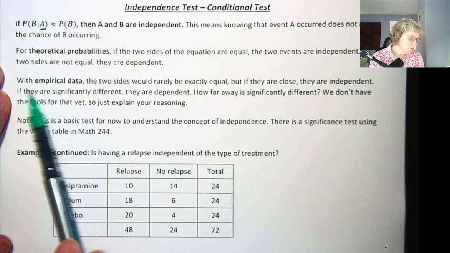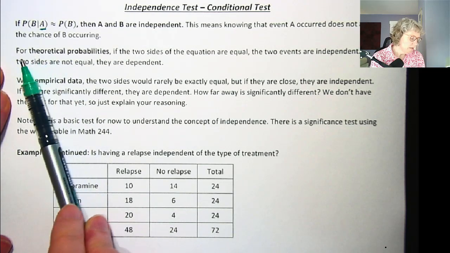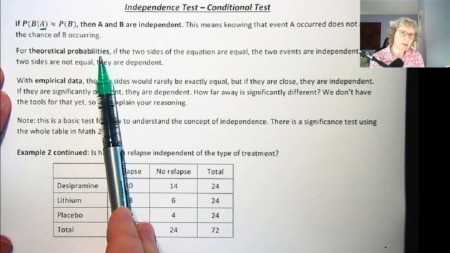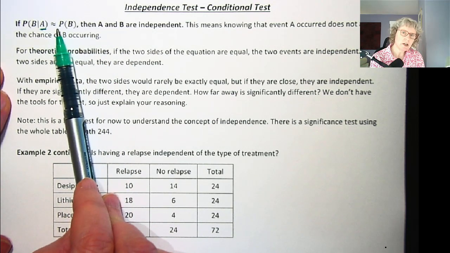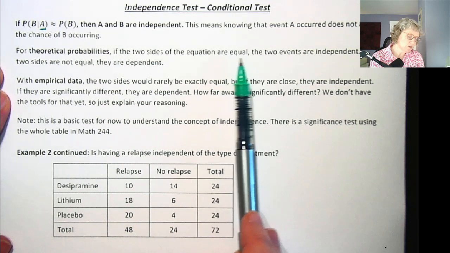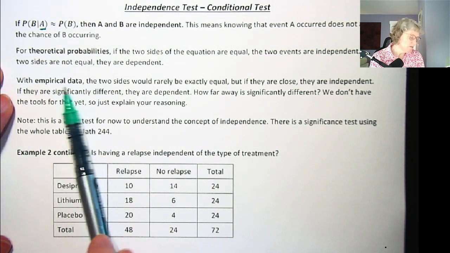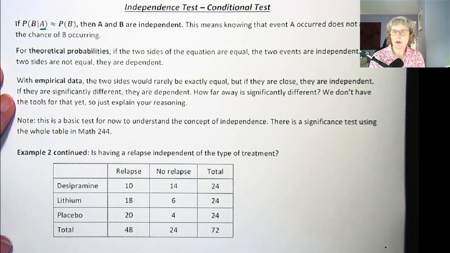Okay, so we're using empirical data here. If we were doing theoretical probability, then I would have an equal sign there. For theoretical probabilities, if the two sides are equal, then they're independent. But with real data, we always have variation, so we would never expect probabilities to be exactly equal.